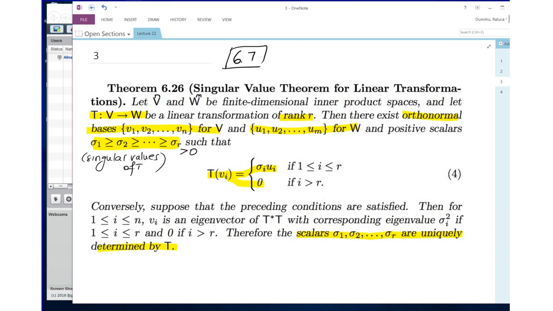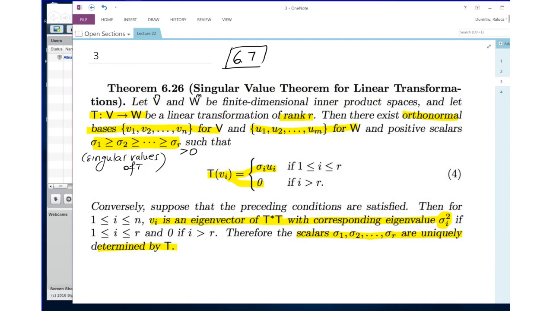It tells us how to find those numbers. Exactly in that last line that I highlighted, it says that the operator T star T has the eigenvalues given by the squares of those sigma i's, and the Vi's will be the corresponding eigenvectors. So it tells you where to go.